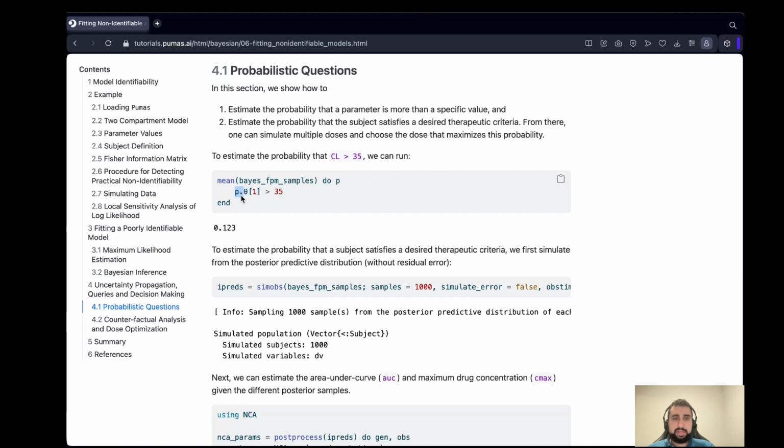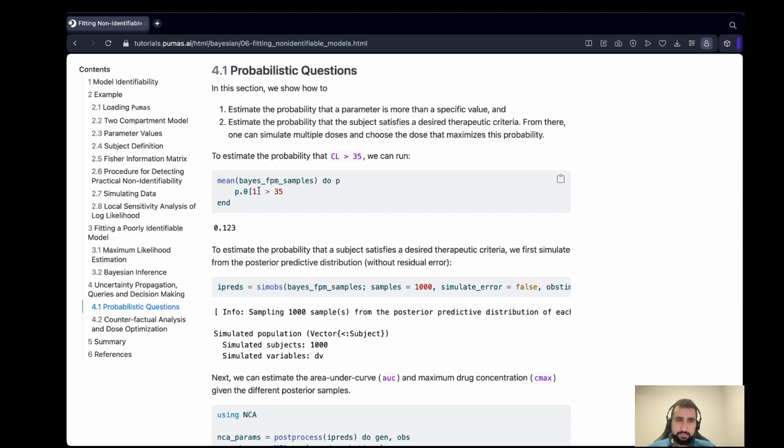So p is the named tuple of parameters, in this case theta and sigma. I can access the theta field here, and then I can access the first number of the theta field, and then I evaluate this Boolean expression of whether this theta1 is more than 35. So this will be true or false, and it's going to be counted as 1 if it's true and counted as 0 if it's false.